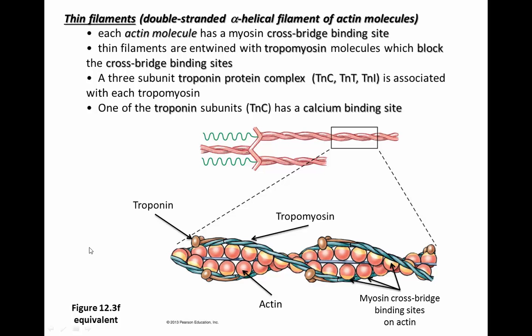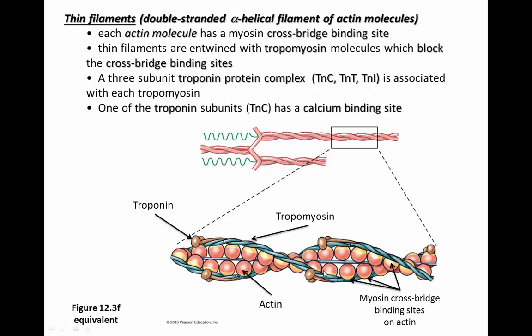Remember, this is the structure of the thin filament. Troponin C has a calcium binding site. Troponin C is very much like calmodulin, which is a soluble calcium binding molecule that can activate a number of enzymatic pathways. In this case, when troponin C binds calcium, it changes its shape, and that shape change is communicated to the tropomyosin, and the tropomyosin is sitting on the myosin cross-bridge binding sites on actin.